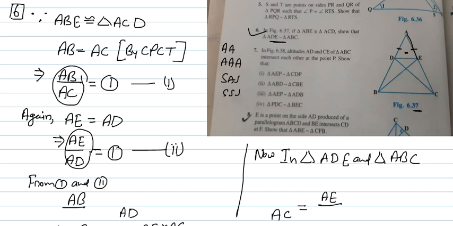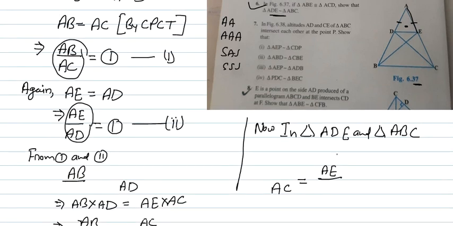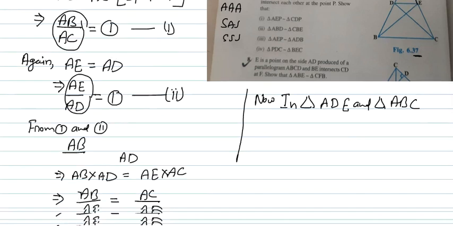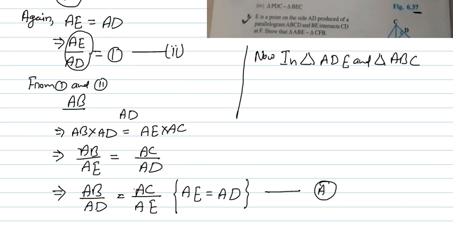So in triangles ADE and ABC, you can write like this, what I am getting here: AB upon AD is equal to AC upon AE.